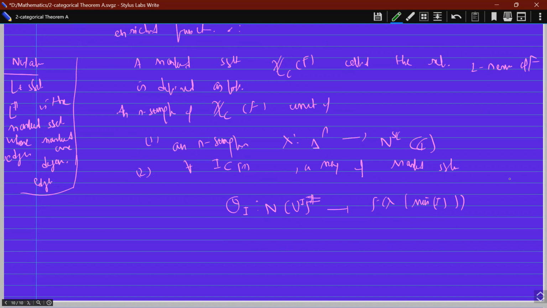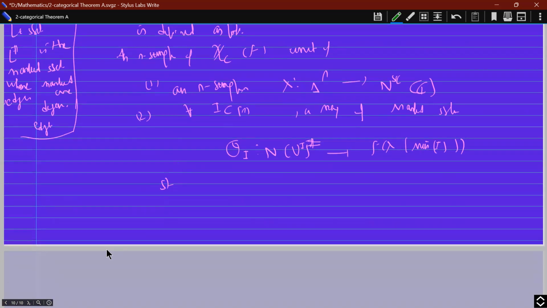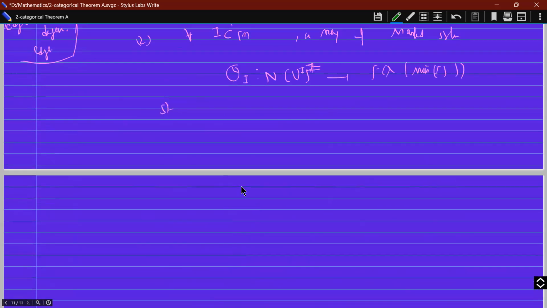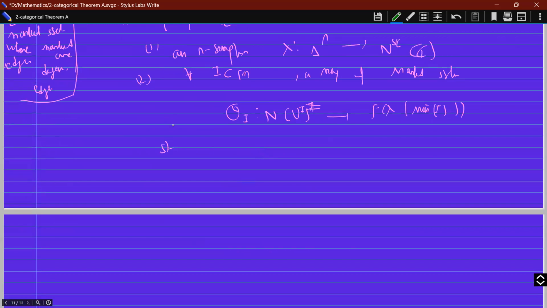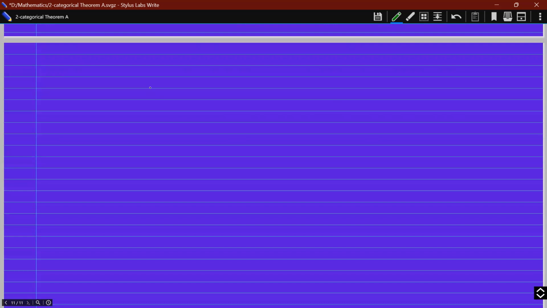So we have a map of marked simplicial sets. It says that it is a condition. There's a diagram that should commute, as you might have guessed. It says that for all, the following commutes. Please point out a mistake if there's any, because I don't have this written anywhere, so I hope I don't mess this up.